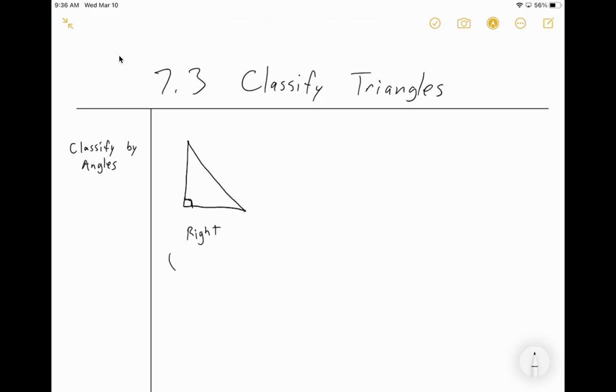So we have a right triangle has one 90-degree angle.